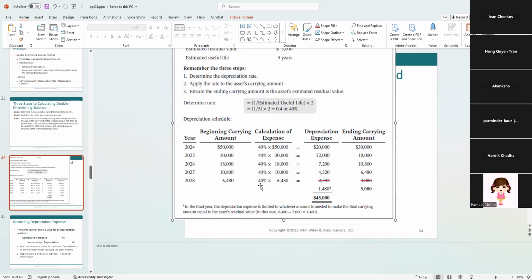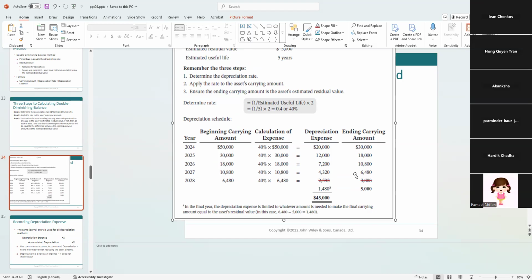If we follow the blind deduct formula, we have to deduct 2,592 depreciation, and if we do that, our remaining carrying amount will be 3,888. But we already know that we cannot go below 5,000. So how can I go from 6,480 down to 5,000?